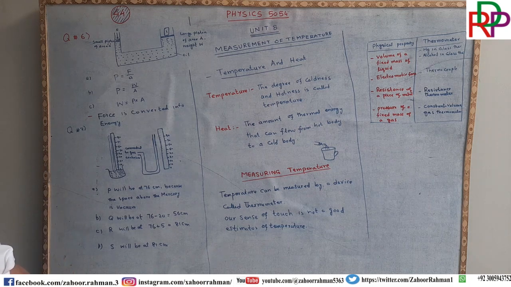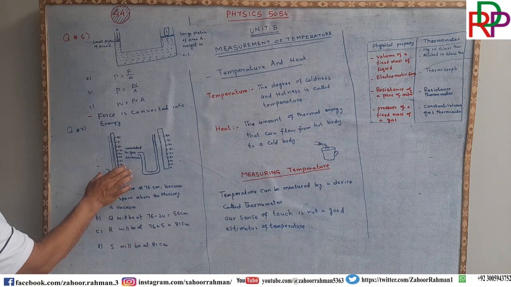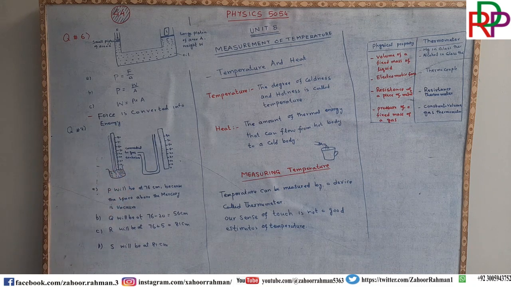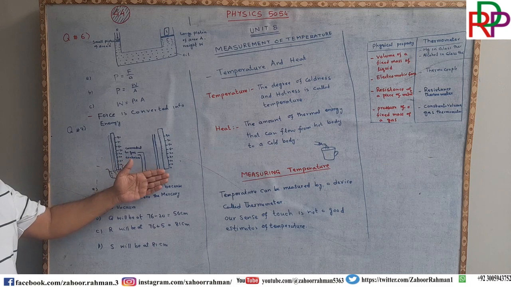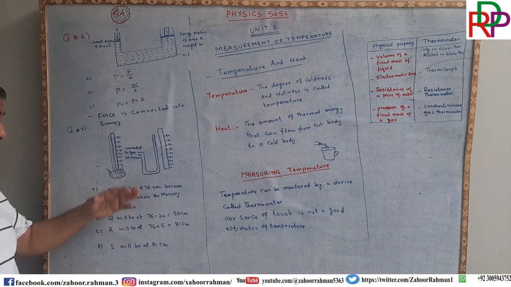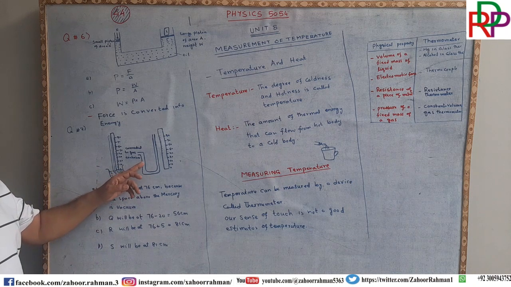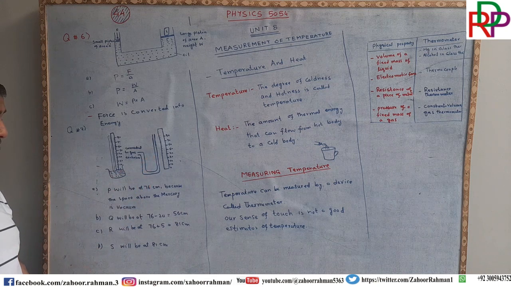Now in question number 7, they have given us these two figures. Both of them are instruments for measuring pressure. One is the barometer and the second is the manometer. In both of them, there is a liquid which is called mercury. Here it is also mercury, and in this case, there is also mercury.